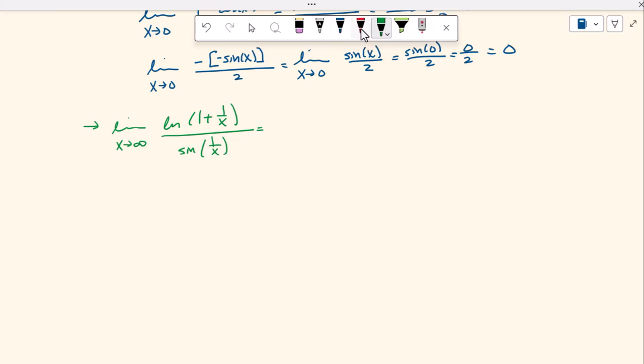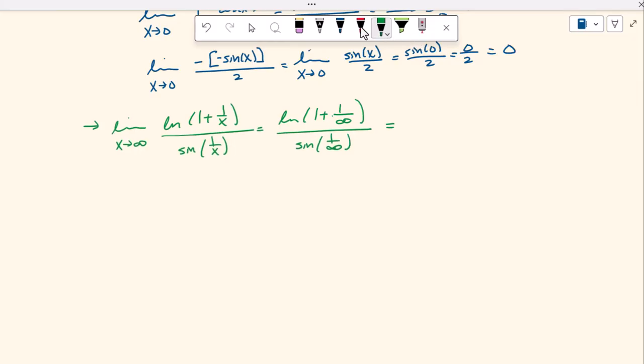Okay, so when I first plug in to take my limit, I have the natural log of 1 plus 1 over infinity. Now technically we can't plug in for infinity, but we can visualize what it's doing.